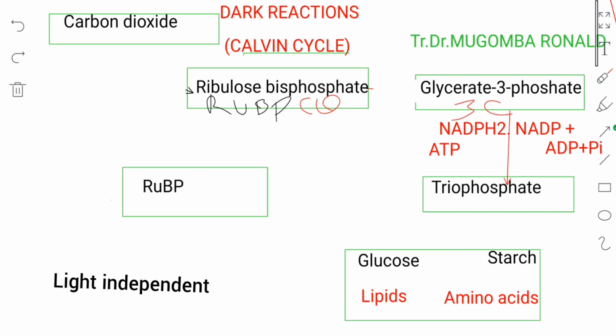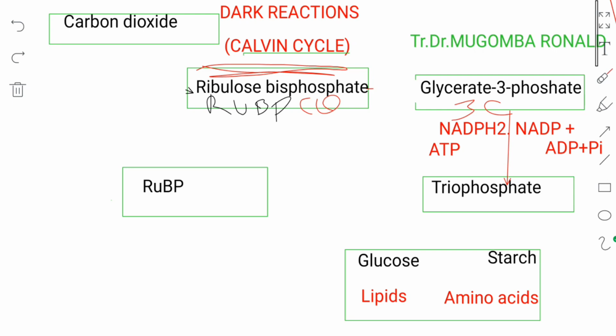It all begins with carbon dioxide being received by a receptor known as ribulose bisphosphate, in the presence of an enzyme known as ribulose bisphosphate carboxylase.